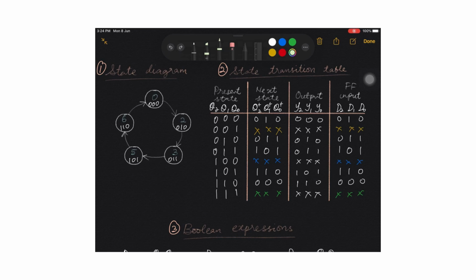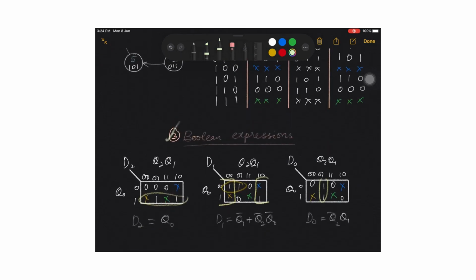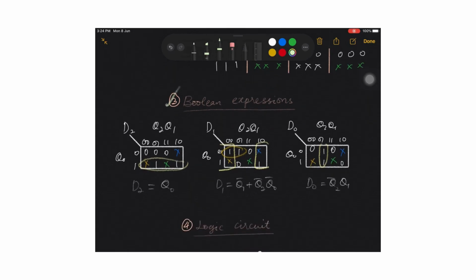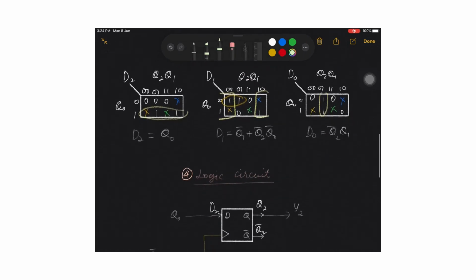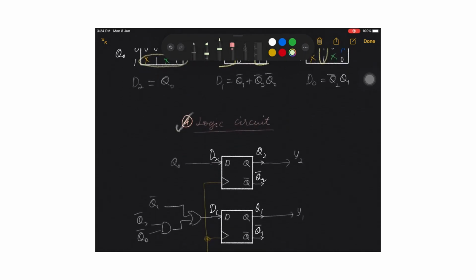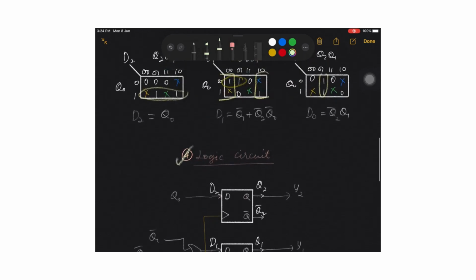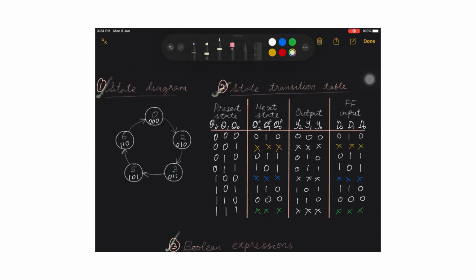So here is the state diagram, the state transition table, the Boolean expressions that were derived from the K-maps, and the circuit diagram that was built based on the Boolean expressions. Our task is to investigate what will happen to the counting sequence if the initial state is one of the unused states, that is state 1, state 4, and state 7.